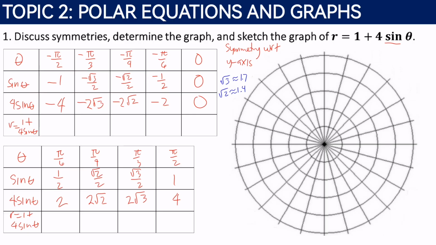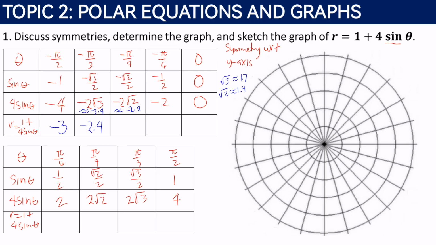So now we find r. 1 plus 4 sine theta. So 1 plus the values here. Okay. So we have 1 plus negative 4, so this is negative 3. Here, this is approximately equal to 2 times 1.7, so 3.4. Negative 3.4. So 1 plus negative 3.4, that's negative 2.4. And here, this is approximately equal to negative 2.8.